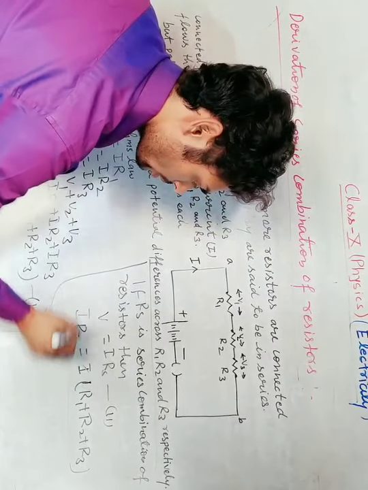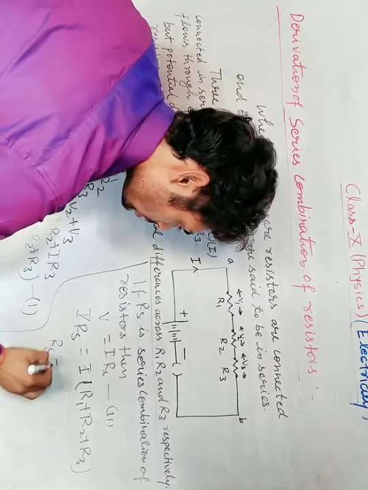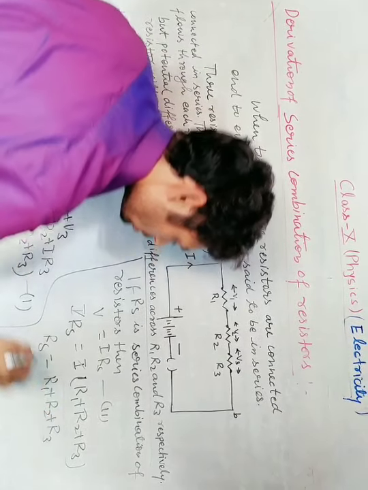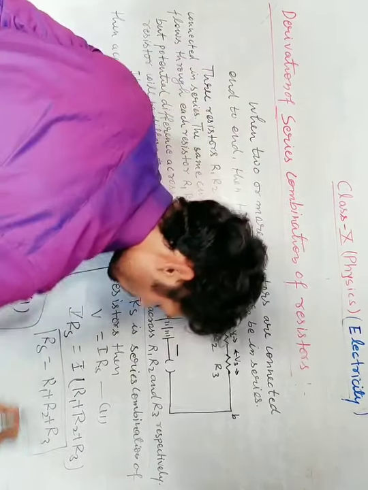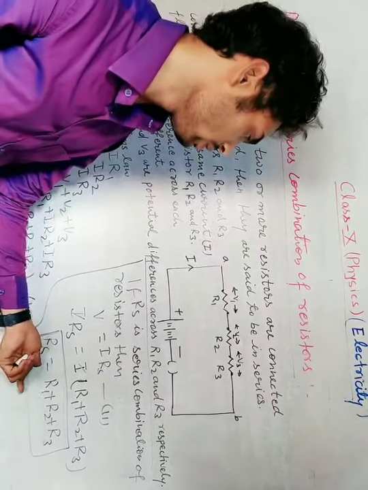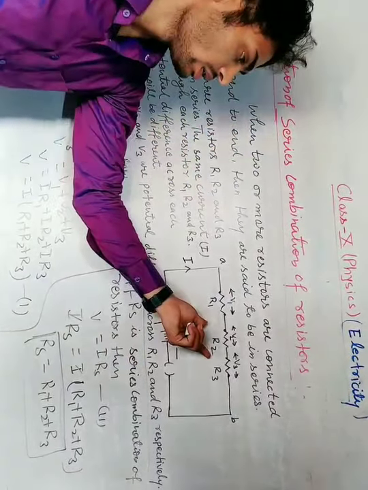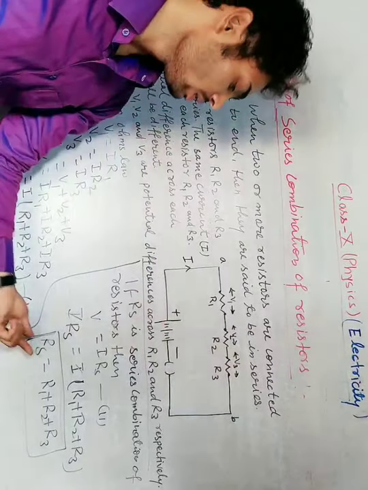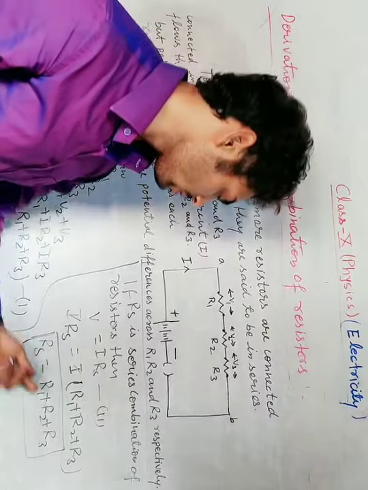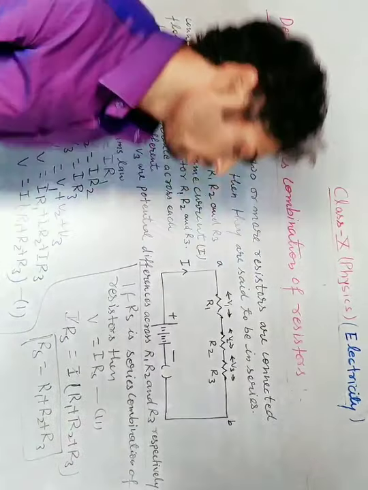This becomes RS equal R1 plus R2 plus R3. In this way, when resistors are connected in series form, then the total combination of resistors is RS equal R1 plus R2 plus R3.